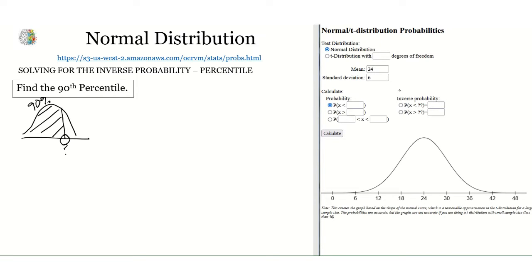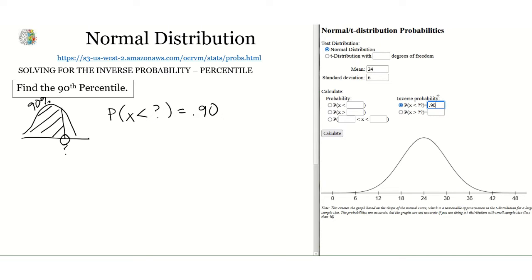So to solve that, we're going to use our inverse probability. So we're going to use this second set of calculations. We're looking for the probability of some X value that's going to give me 90%. And we're going to write our number in as a decimal, so I'm going to put 0.90 into my calculator.